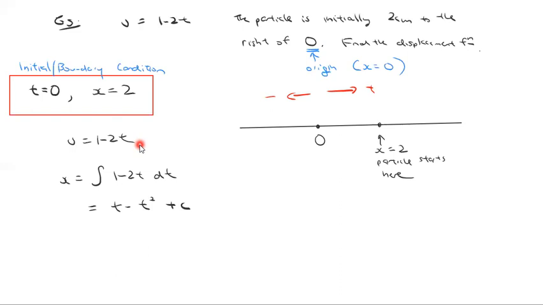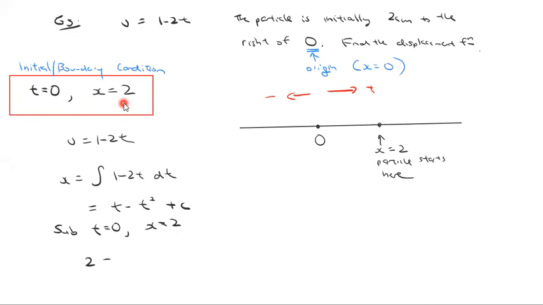Now, how do I work out this c? Can you sub the point in? That's exactly what you need to do. You now need to sub in your boundary conditions. Because we know that that must be true. So sub t equals 0, x equals 2.